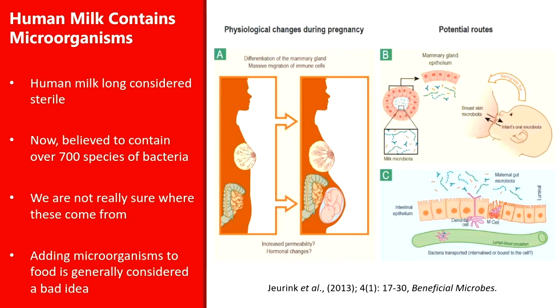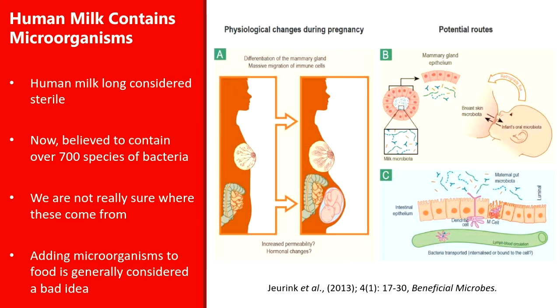So as I said, we don't really know where these microorganisms come from, but it's probably a combination of different routes. What we do know is that the first feeding of a newborn, that milk does contain microorganisms. So it's not likely to have come directly from the infant through a mixing of the oral microbiome into the microbiome that's found in human milk.